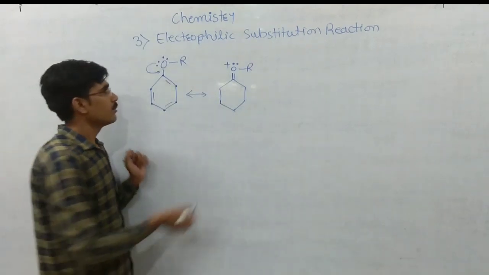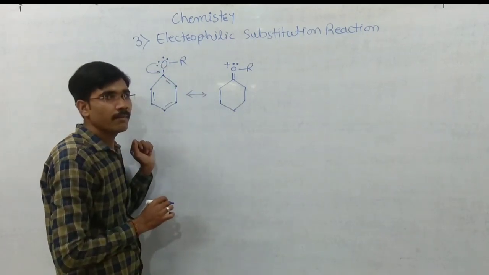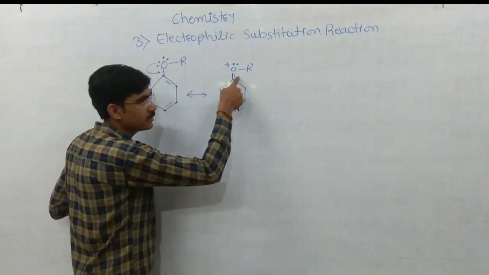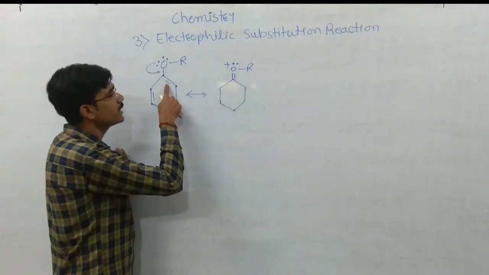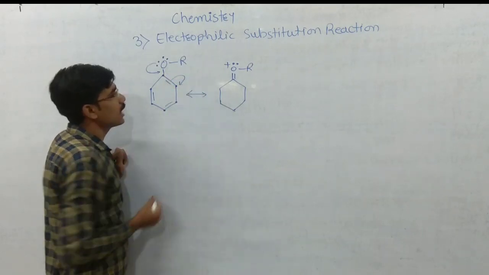Why? Because this lone pair is transferred between the carbon atom and the oxygen atom. Because of that double bond, this bond breaks and it totally transfers to the carbon atom.